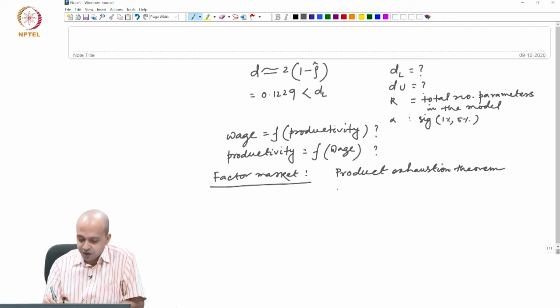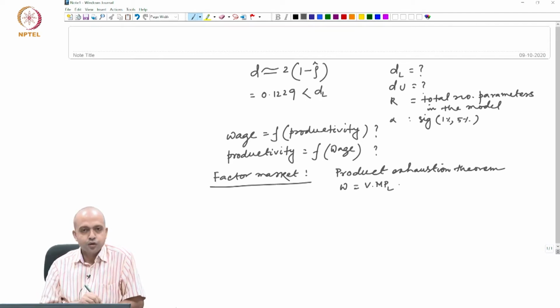So, that means laborers are paid W equals VMPL, the value of marginal product of labor, which is nothing but equal to P into MPL.